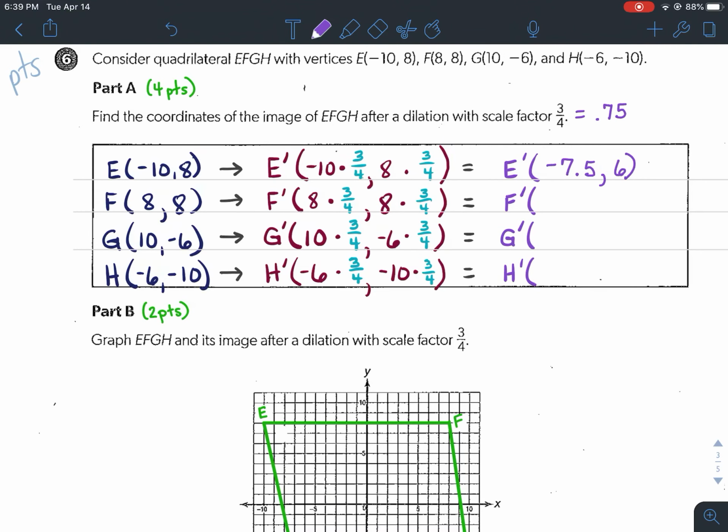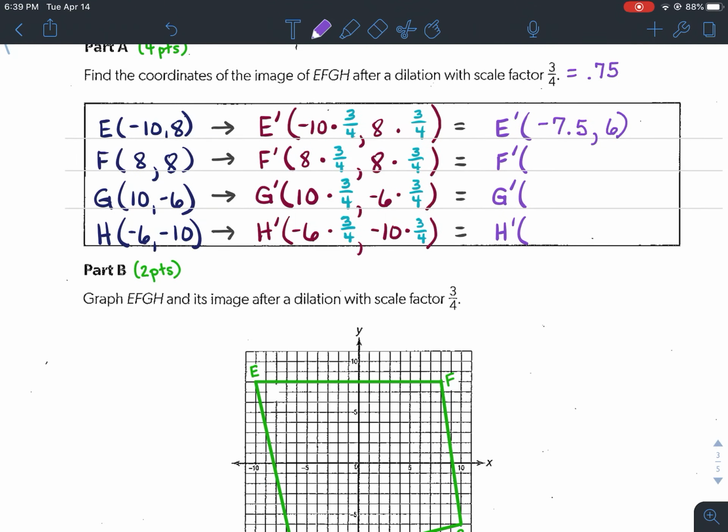For H prime, -6 times 3/4 is -4.5. And -10 times 3/4, well, we already did that in E prime, is 7.5, but because it's -10, it'll be -7.5. So go ahead, pause your video, find F prime and G prime.